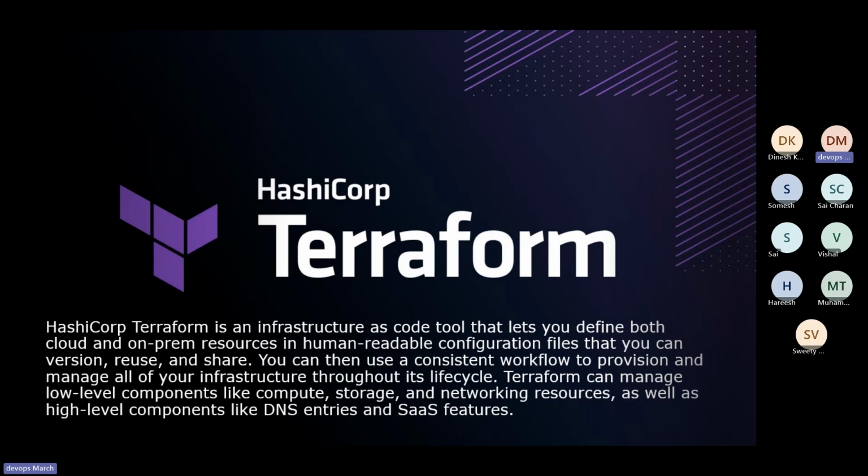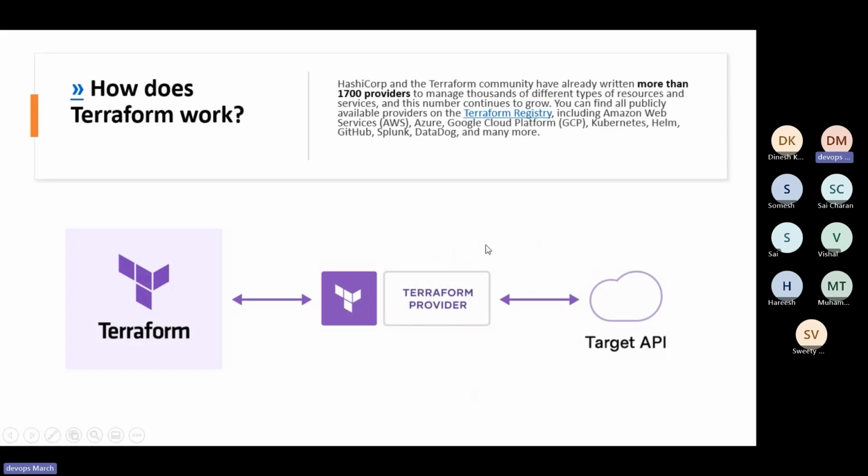Okay. All right. Moving ahead. How does Terraform work? When you have written the code for Azure, how will it know that it is for Azure, and how will it be connected with the Microsoft Azure backend?